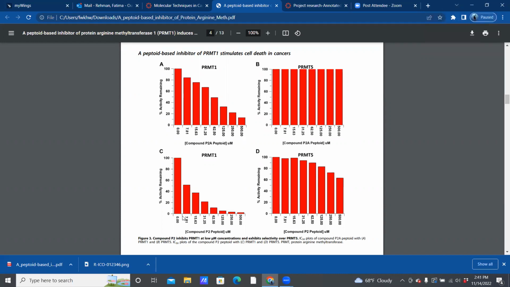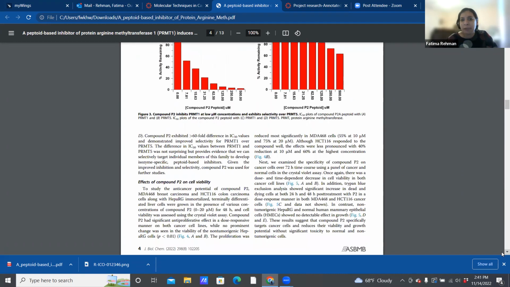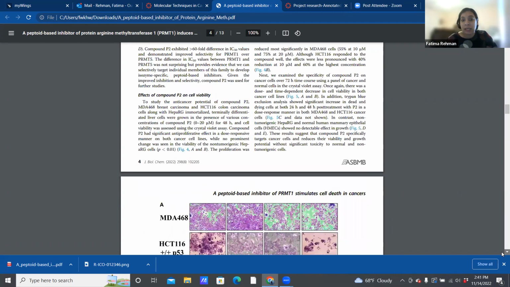No. It's not bad, but it's not as specific for sure, right? You're still seeing like 40% inhibition. You have to go up to 500 micromolar, so really, really high concentration. But definitely it has a little bit of leakiness, right? It's maybe not as clear.